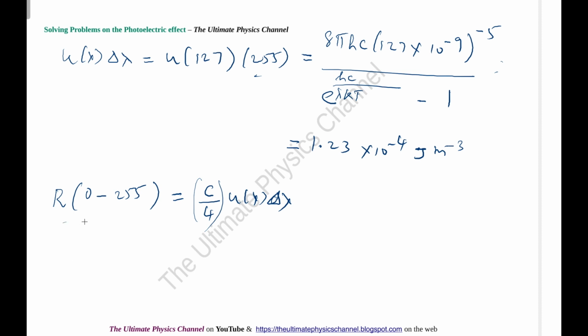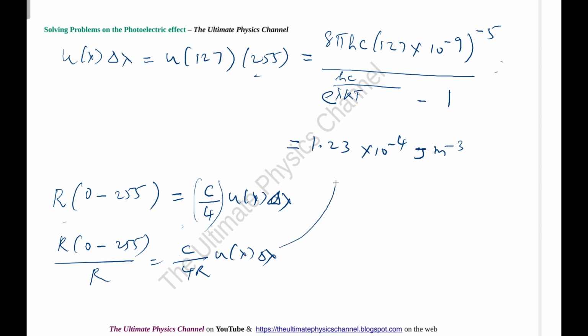So if you divide both sides by R, you get R 0 to 255 over R is equal to C over 4R times U lambda del lambda. Now on the right hand side we know C, we know U lambda del lambda, which we have calculated here, and then we also know R, we have calculated in the previous step using the Stefan Boltzmann's law.